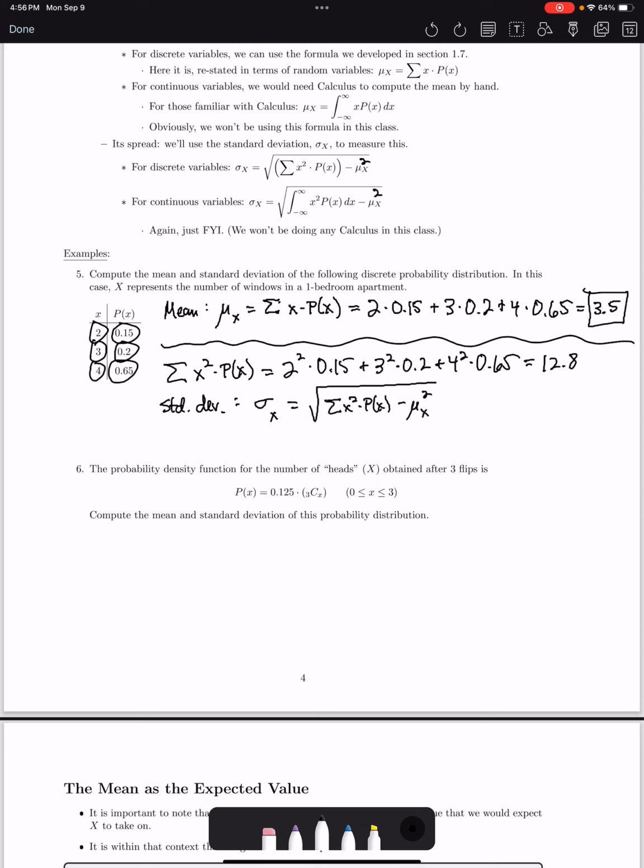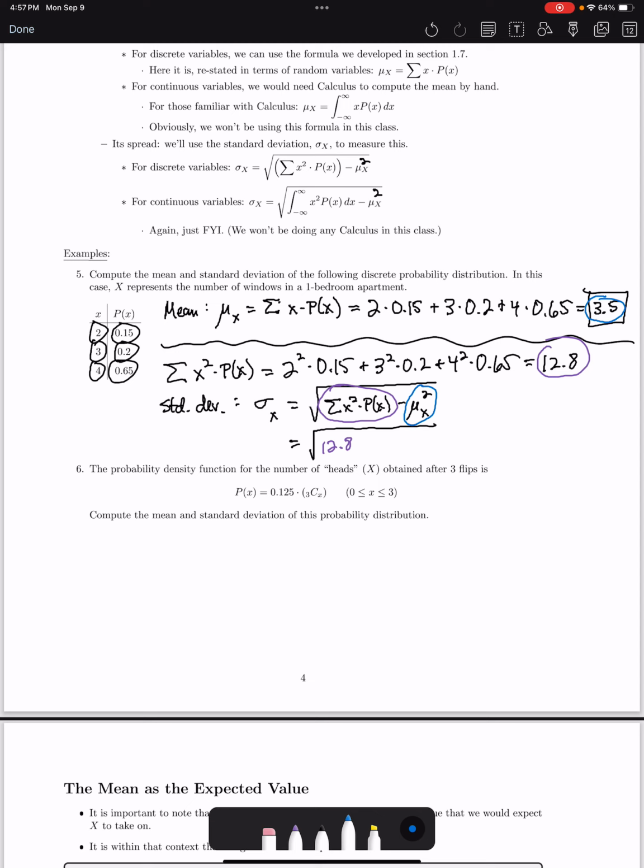Okay, so in our case, this is going to be the square root of this chunk of the formula, which is what we just computed above, right? It's the 12.8. This chunk of the formula is what we computed when we computed the mean, right?